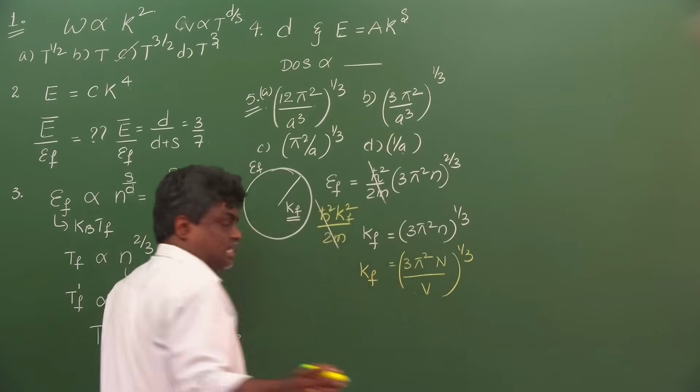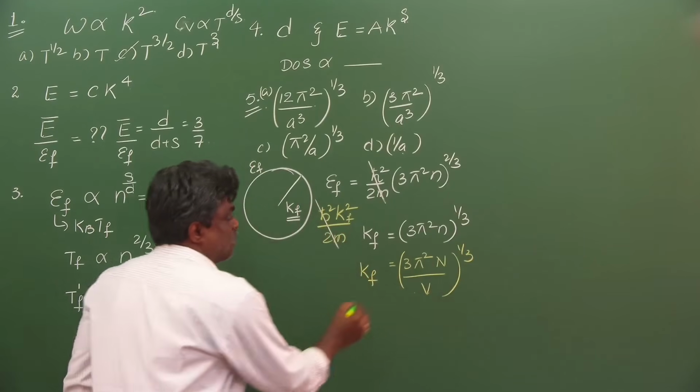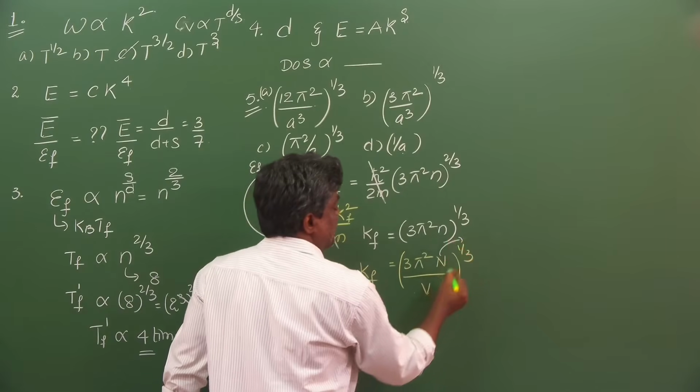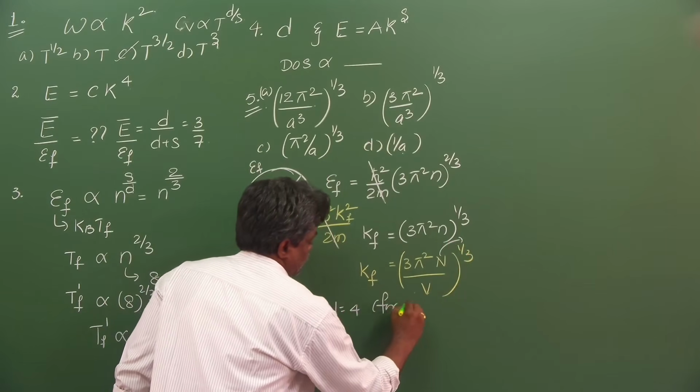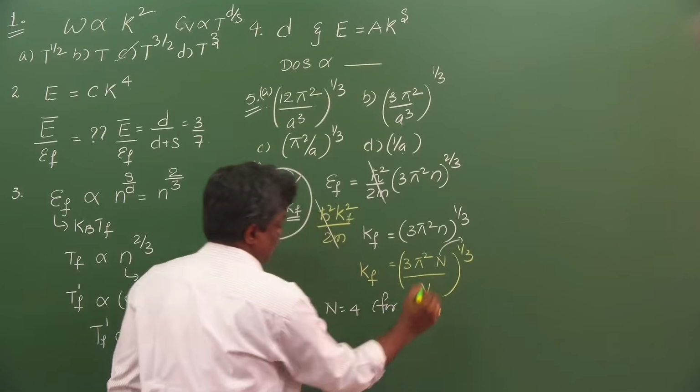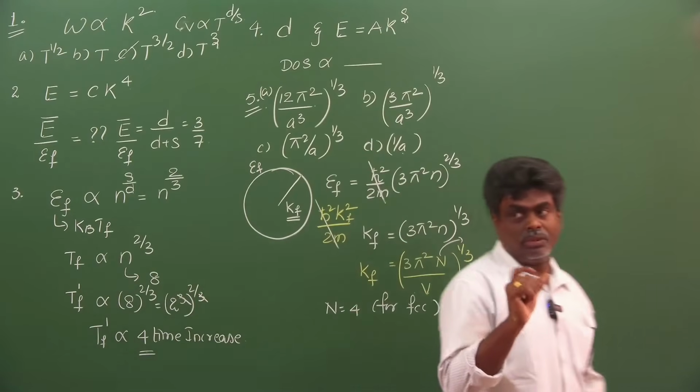Now which structure is given? The number of atoms in the unit cell n equals, that's it, come on. We are doing it for that unit cell.